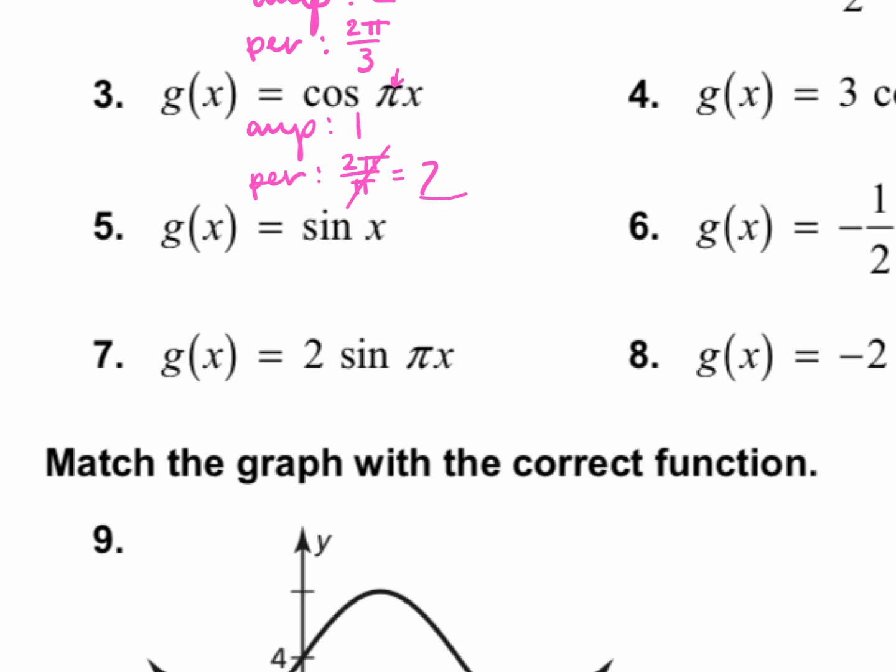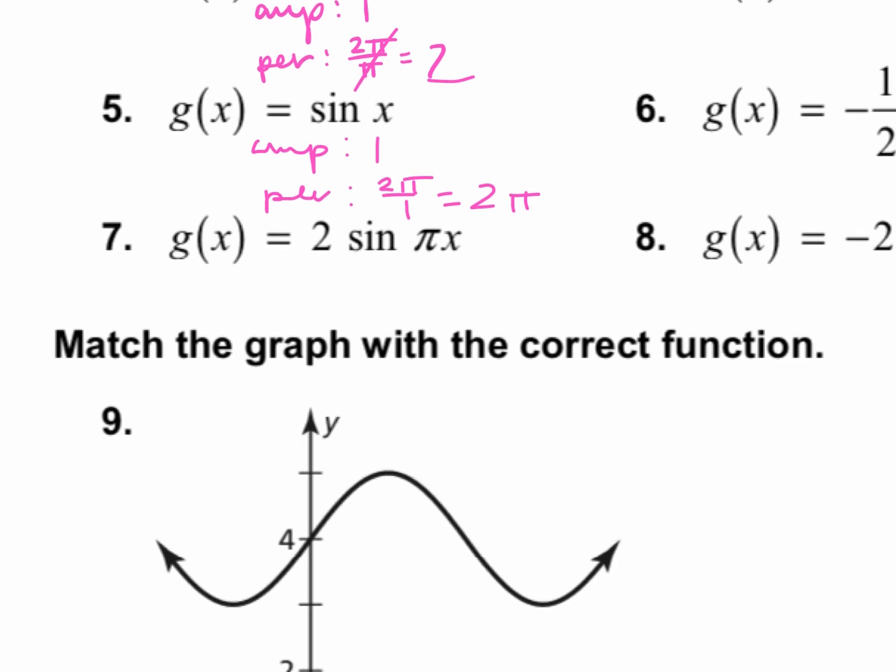Our amplitude is 1. And what's our period? 2 pi over 1, which is just 2 pi. And for number 7, what's our amplitude? 2, and what's our period? 2 pi over pi, which is just 2.